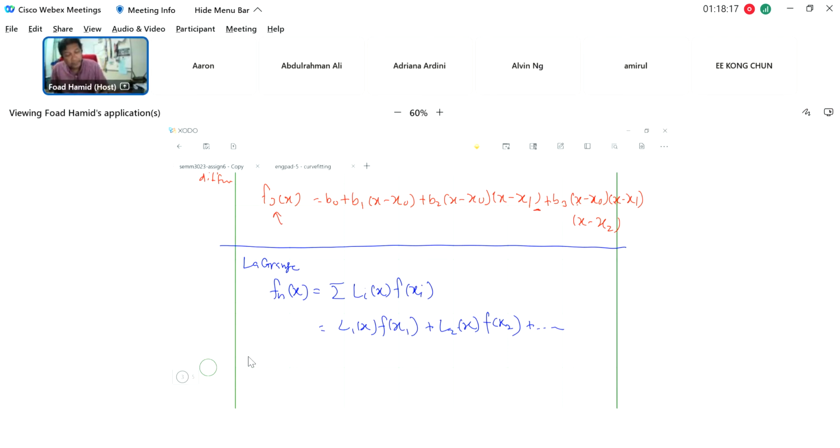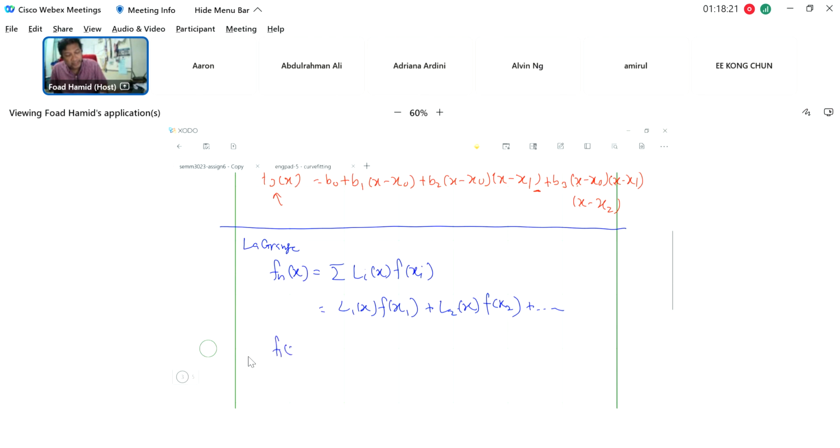So for the first order or linear Lagrange interpolation, the function is just f1 equal to the summation of Li(x) f(xi). Sorry, this should start from i equal to naught, so this is L naught, and this should be x naught and x1.